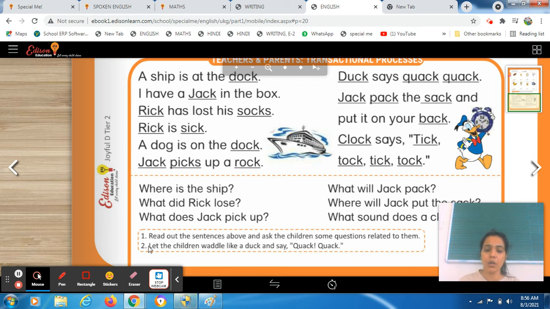Now, second, let the children waddle like a duck and say quack quack. So firstly, we will read the passage and then we will find what is there in this passage. So you all have to pretend like a duck and say quack quack. Like a duck does, how will a duck do? Quack quack. So you all have to do the same as a duck will do.